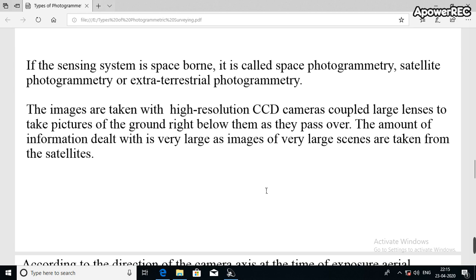But right now, we will be talking about space photogrammetry or satellite photogrammetry. The amount of information is very large because the images are taken from high resolution cameras from a long height. As a result, they require large screens of the satellite to get the data of that area.